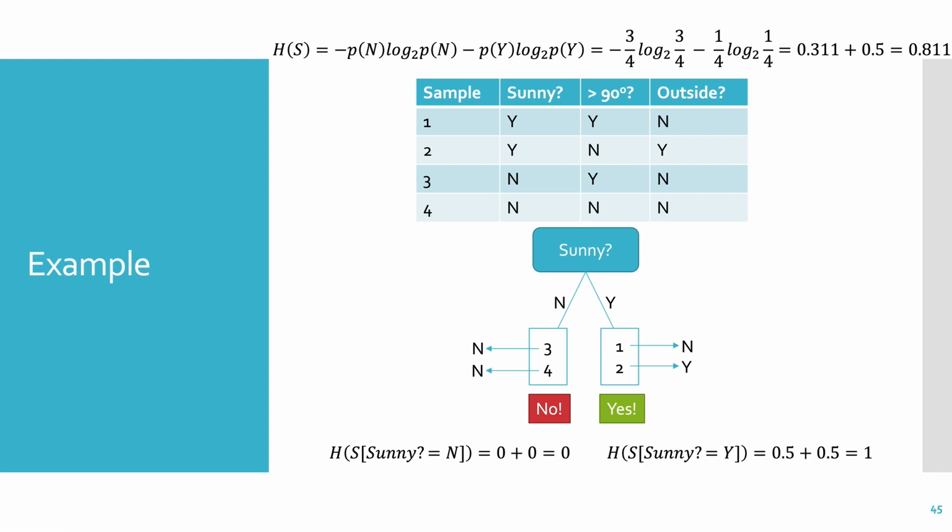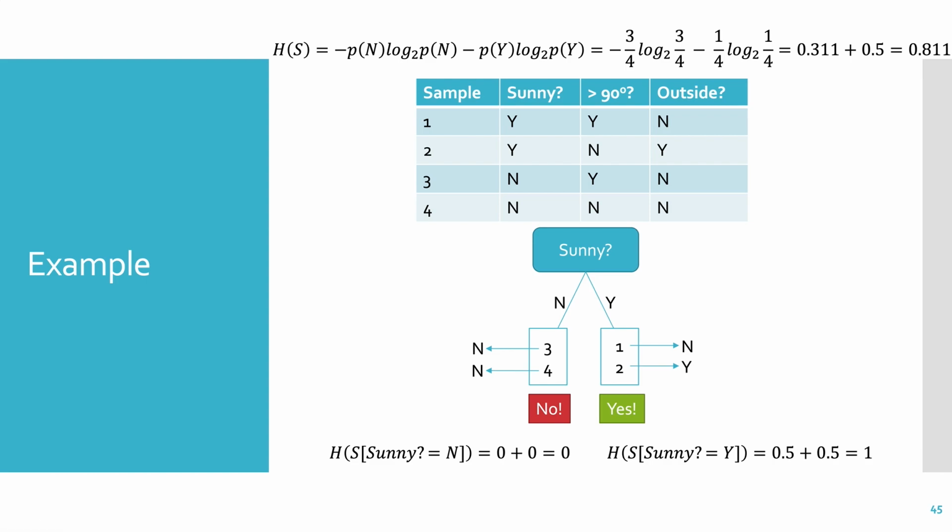We split on sunny, so now we have the points 3 and 4 on the left and the points 1 and 2 on the right. We want to see if we gained any information by splitting in this way, so we need to calculate the entropy of the left side and the entropy of the right side. The entropy when sunny equals no is going to be this equation on the left.